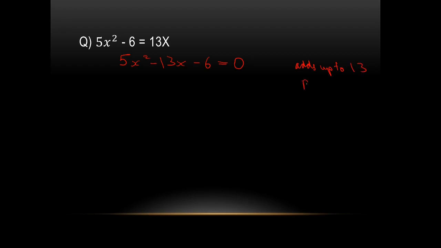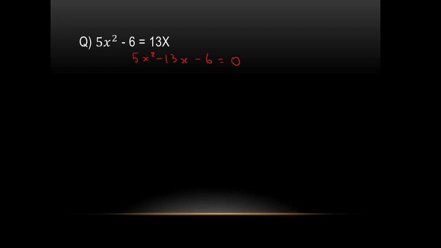And the product is equal to minus 6 into 5, which is minus 30. So which numbers can we take? We split the middle term minus 13 because the c term, which is minus 6, is not equal to 0.